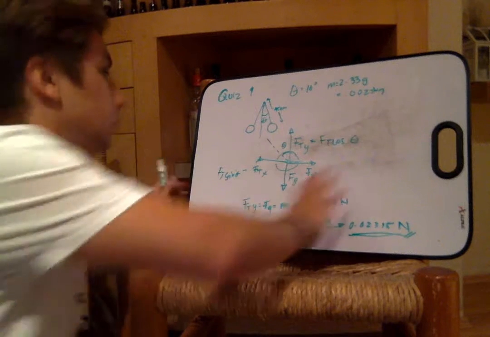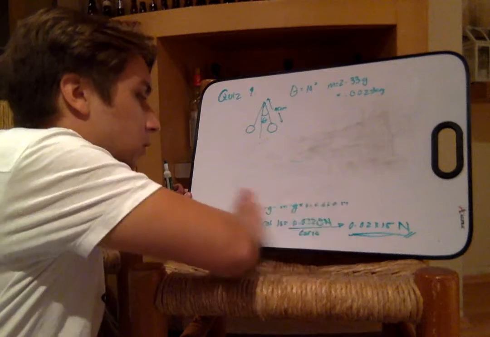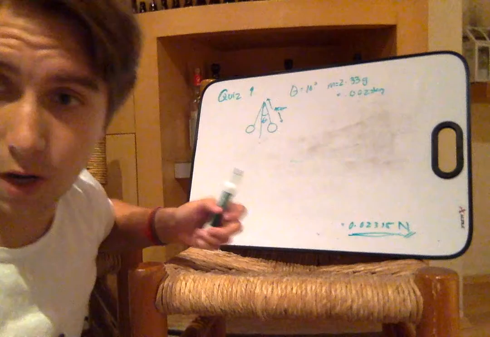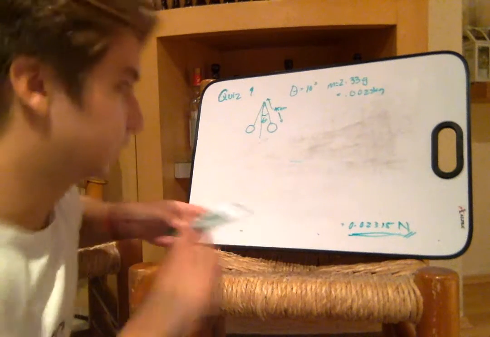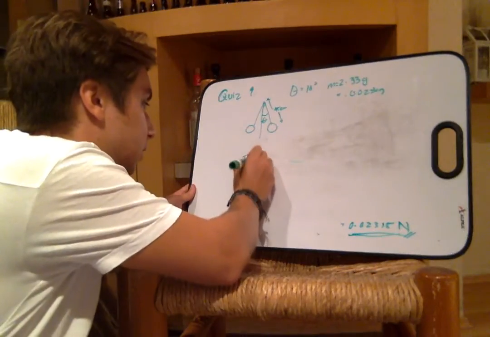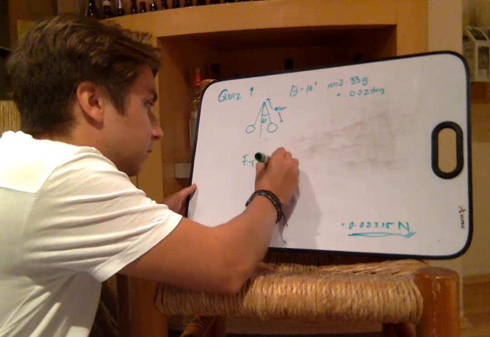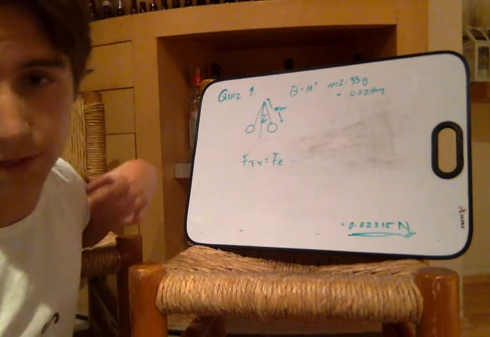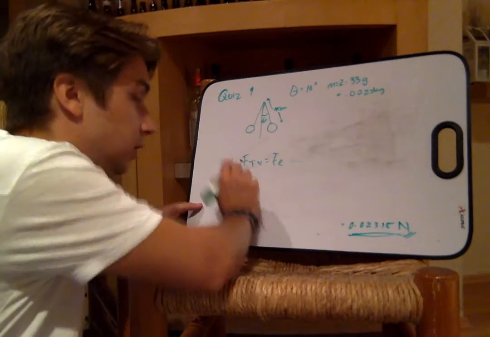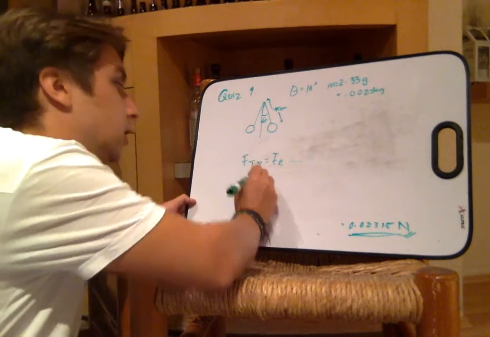And if we now use that value in our other equation, the force of the tension in the x-axis is equal to the electromagnetic force, then we could use that value here to obtain the value of the electromagnetic force.